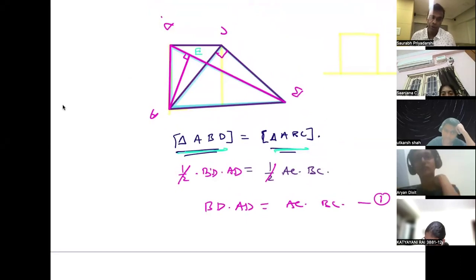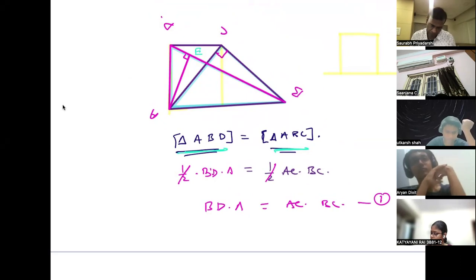The second question on this: if this is BD into AE, this is AE, right? BD into AE.